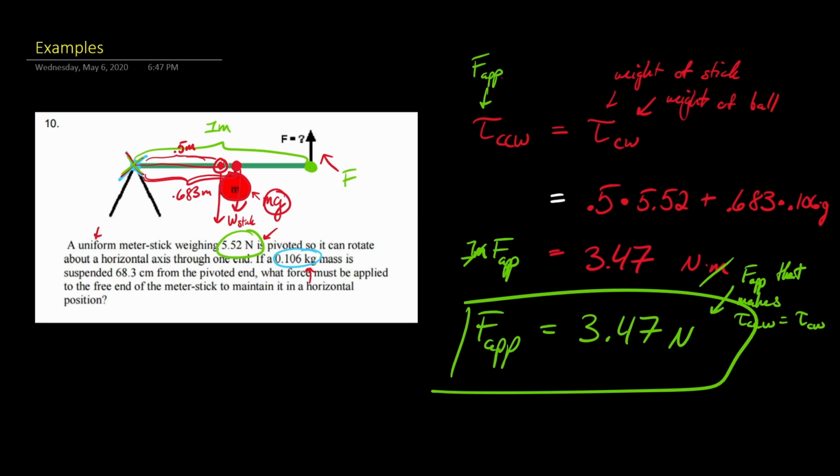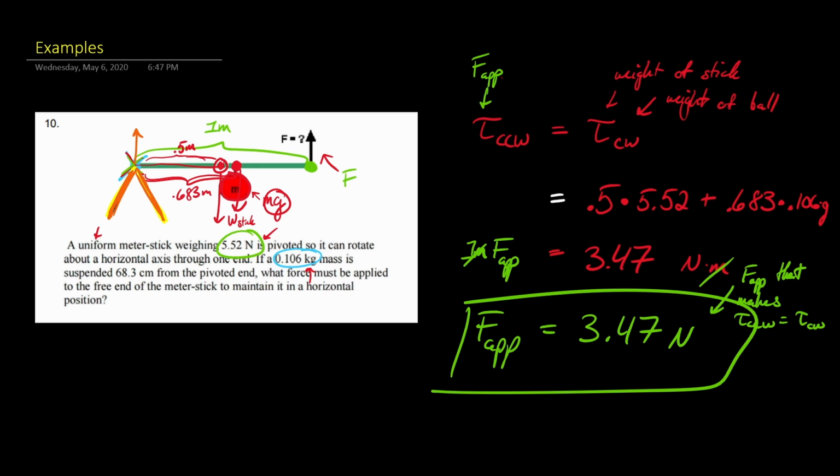Okay, one point I want to make about this example is something that I didn't do. You might have wondered, this rod is being held up by a tripod of some sort, so it's obviously getting pushed upwards by that rod there. Why didn't I consider that?